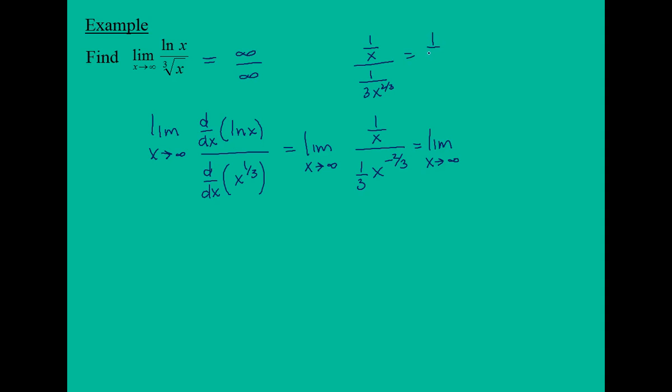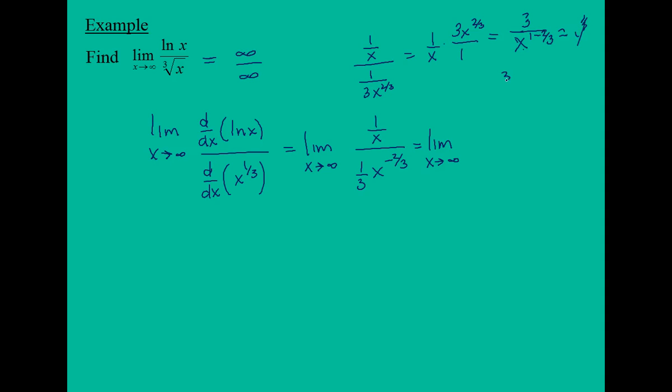We would invert and multiply, so we'd have 3x to the 2/3 over 1. So we have 3 all divided by x, and we have like bases, so we would subtract our exponents. So we'd have x to the 1 minus 2/3.